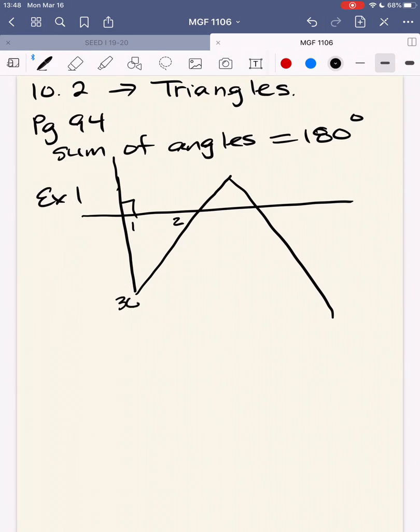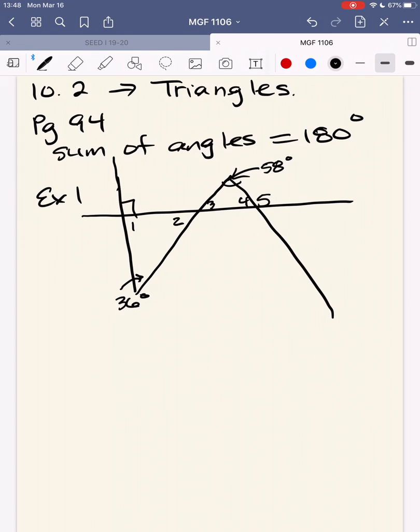This angle is 36 degrees, the inside. I have angles 3, 4, and 5, and this angle inside is 58 degrees. I'm asked to find the measures of angles 1 through 5.